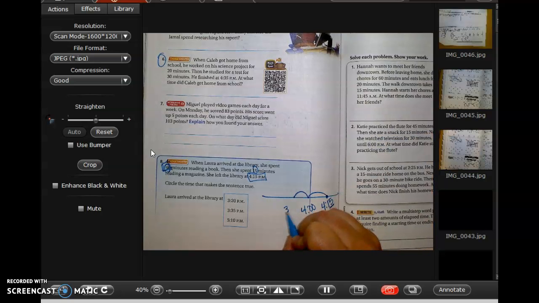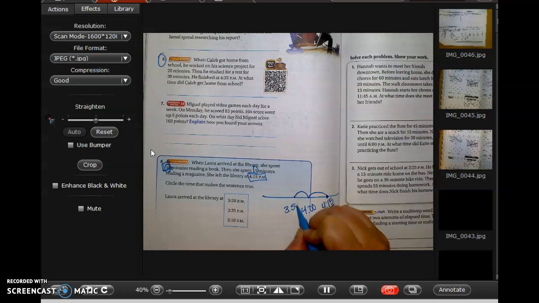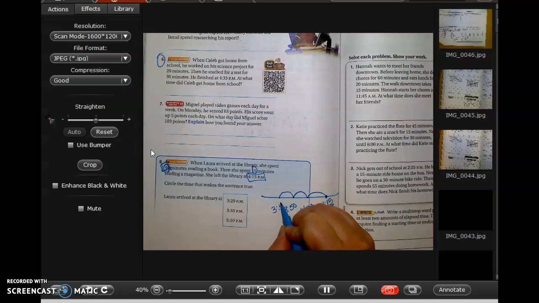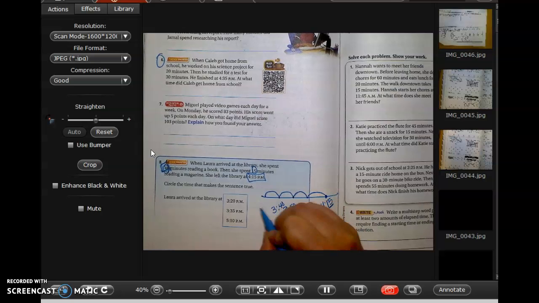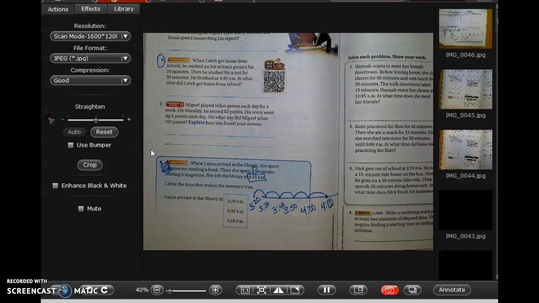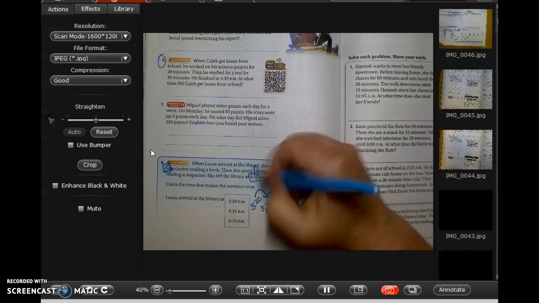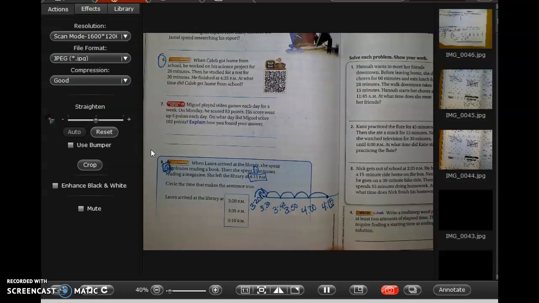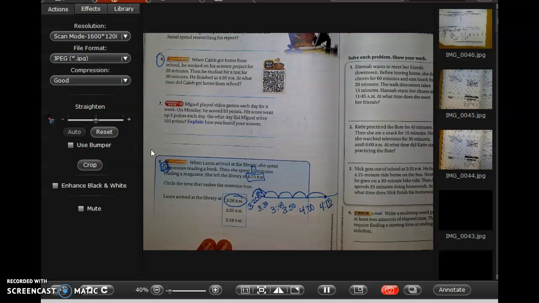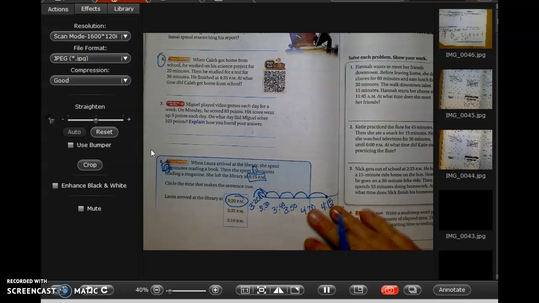So we got to go back an hour, and then we're at 50. Next jump, 3:40. Next one, 3:30. Next one, 3:20. Did we cross the 12? No, so this can still be 3:20 p.m. Laura arrived at the library at 3:20 p.m. Good. Okay?